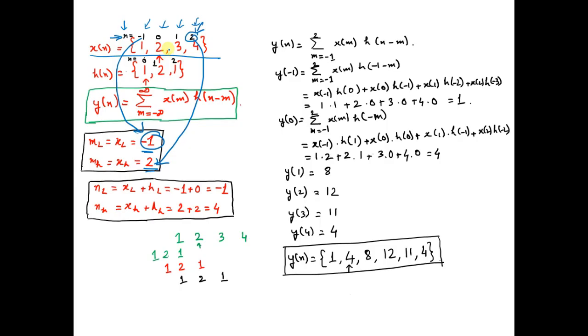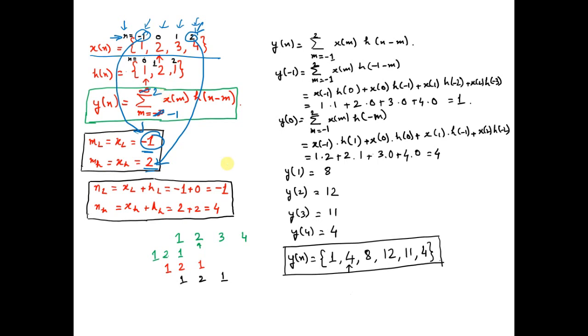So whatever would be the lowest time index value, it would be the m lower limit, and whatever would be the highest one, it would be here 2. So basically what I am trying to say is, m will vary from -1 to 2 instead of minus infinity to infinity. Okay.